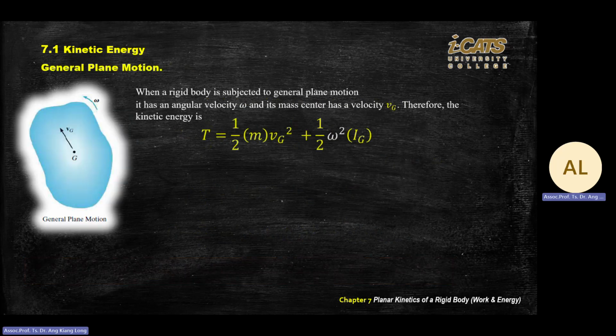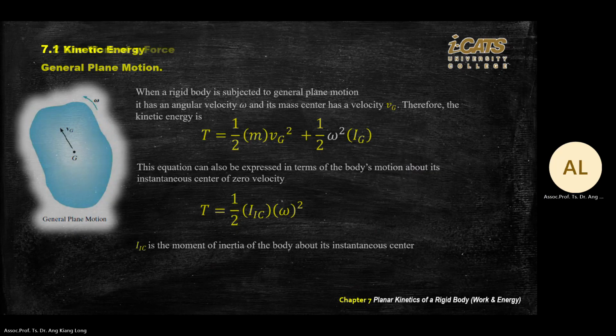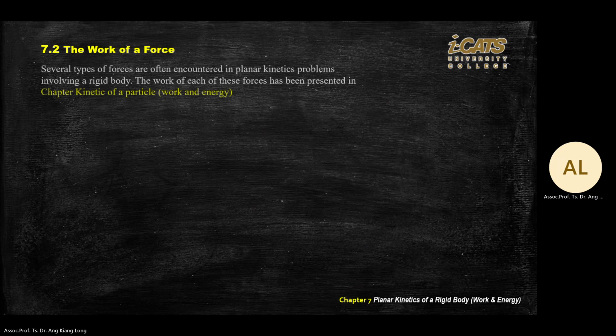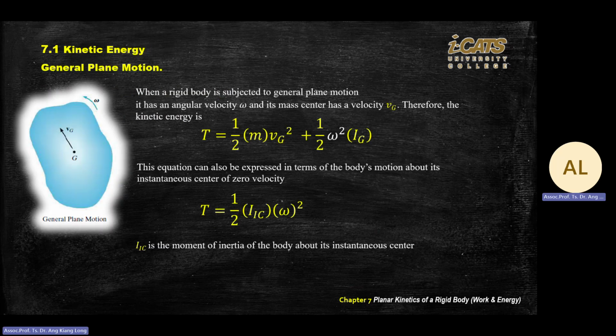The rest you read, we're just repeating the same thing. Sometimes you can replace the Io with Ic if you want, and we already explained how to draw the IC. We are already done for the kinetic.